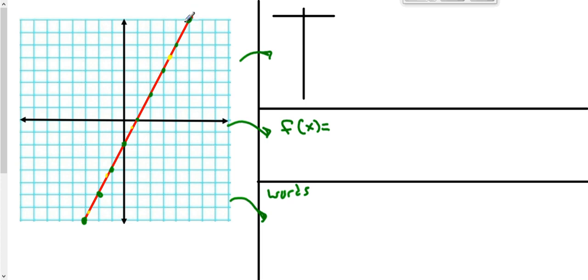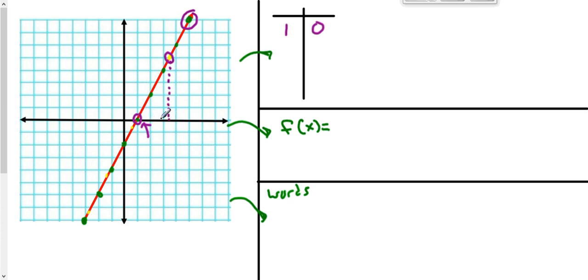So let's say we take this point right here. We're going to be crazy. We're going to take this yellow point right here, and we're going to take that point. So this first one, the x-coordinate is 1. The y-coordinate is 0. We have ourselves points. This yellow point right here, come down to the x-axis.